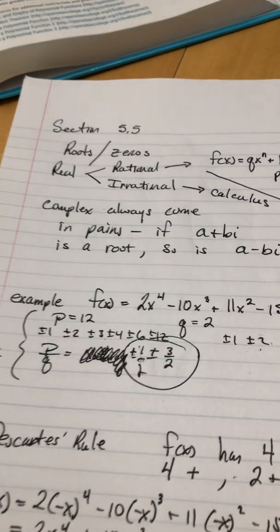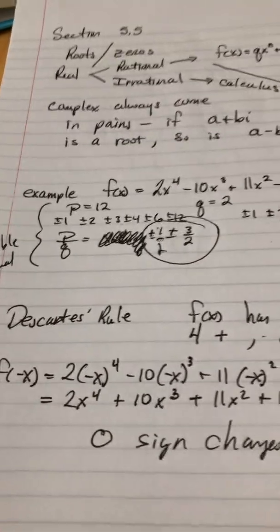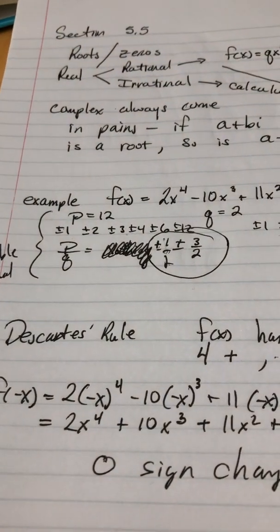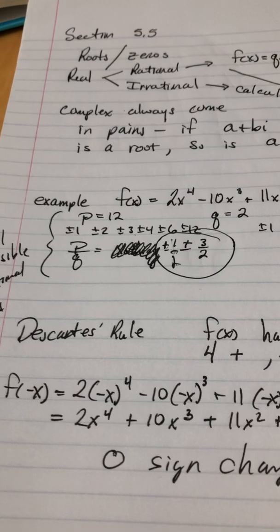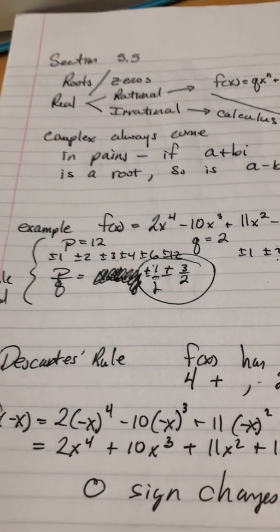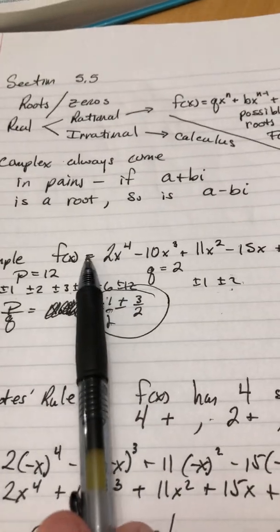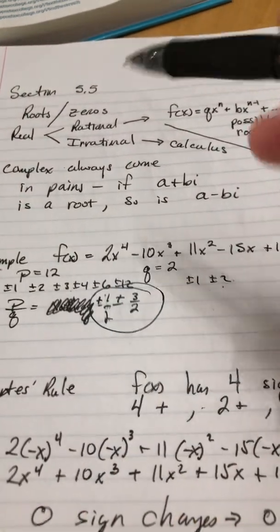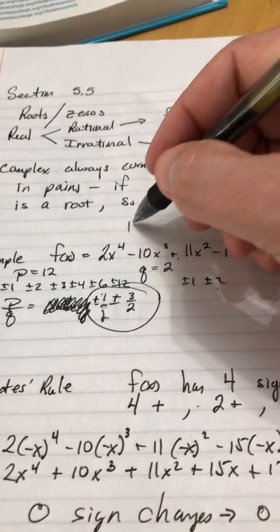Now there's this thing called Descartes' rule, and it helps us determine how many positive roots there are and how many negative roots there are. You look at the function and count the sign changes. Positive to negative is one sign change. Negative to positive is a second.